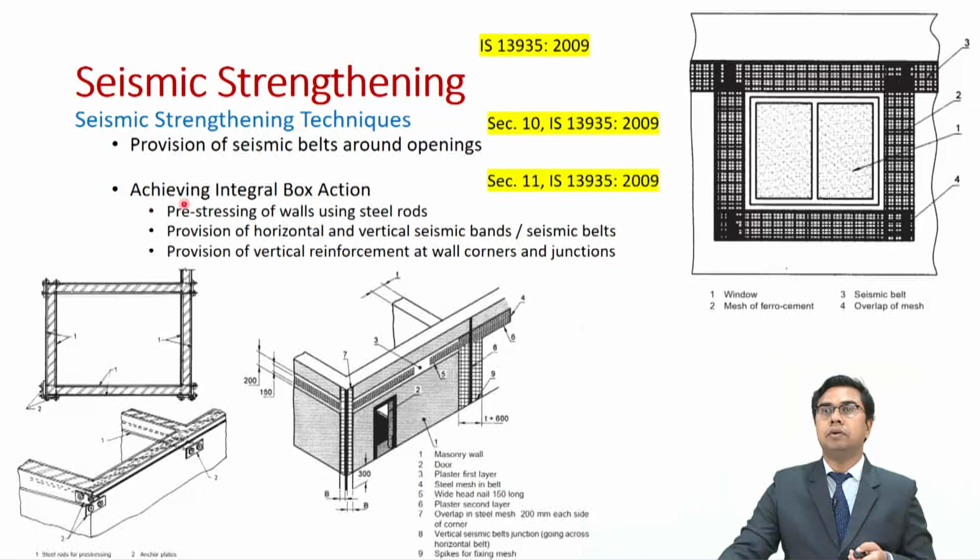There are multiple ways to achieve this integral box action apart from the provision of bands and belts. We can also provide pre-stressing of walls using steel rods. Then horizontal and vertical seismic bands or belts, then vertical reinforcement at wall corners and junctions, as you can see. Okay. More details are available in section 11 of IS 13935. I suggest that you have a look at the IS code as well.